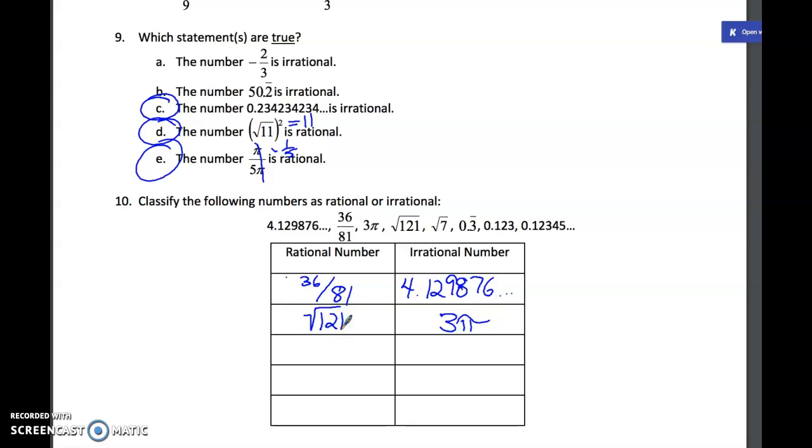Square root of 7 is not a perfect square, so it's irrational. 0.3 repeating is rational. 0.123, it's a terminating decimal, so it's rational. And then our last one is irrational because it goes on forever, not repeating.